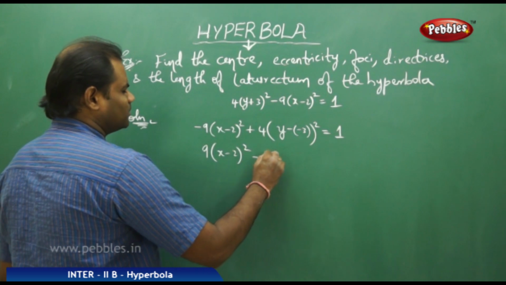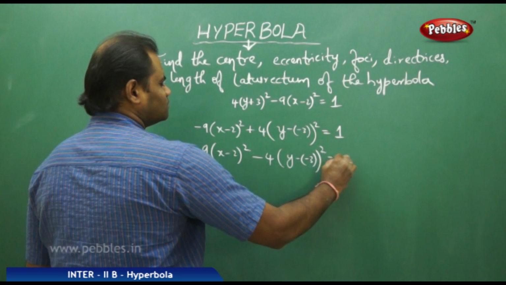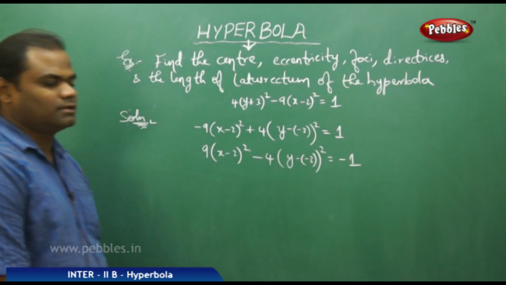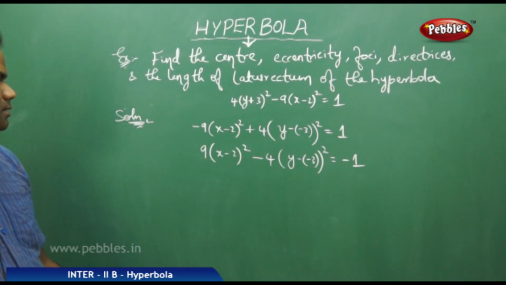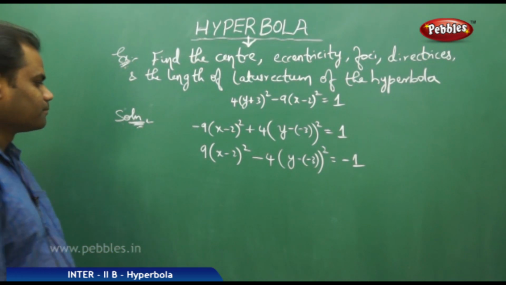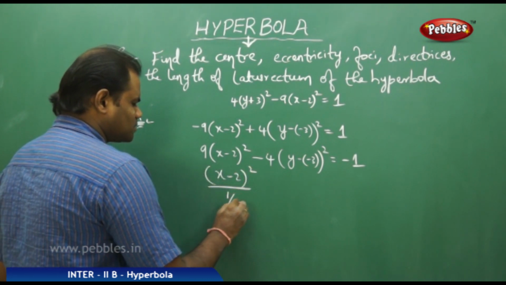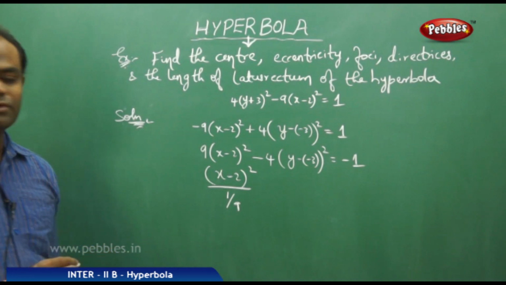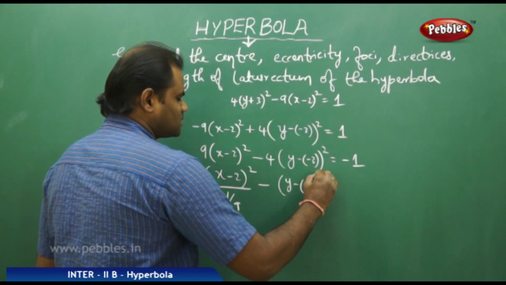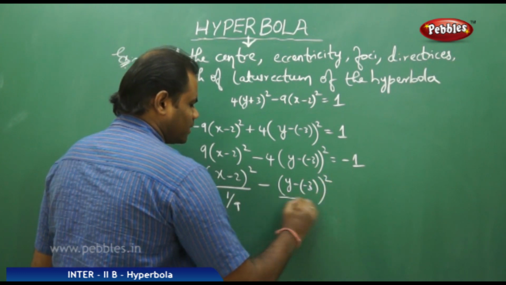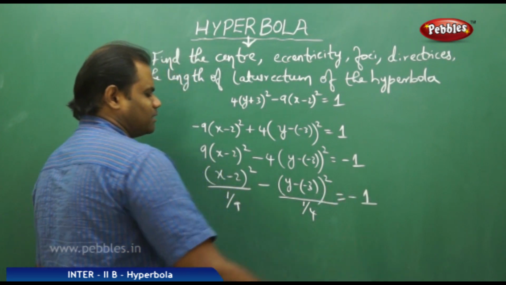I take minus common, equals minus 1. Then if I further simplify this to get into the standard form, I get x minus 2 whole square times 1 by 9, when 9 comes to the denominator, minus y minus 3 whole square by 1 by 4 equals minus 1.